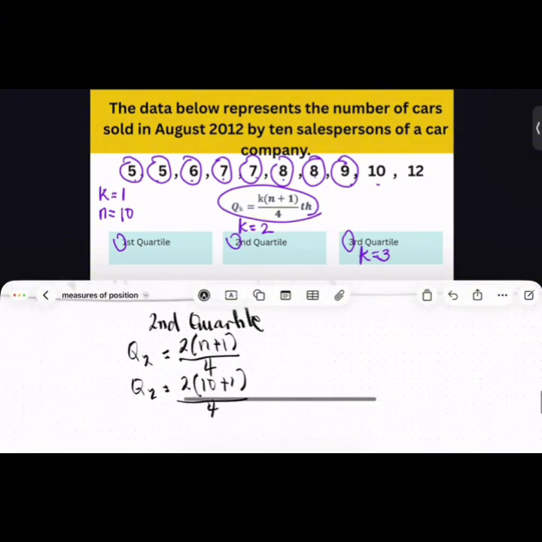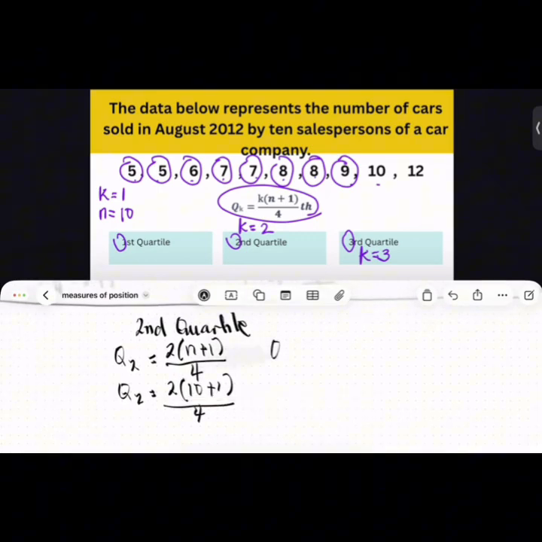Then next would be quartile 2 is equal kay 2 times 11 over 4. The next step is multiplication. So we have quartile 2 is equal kay 22 over 4, and 22 over 4 or 22 divided by 4, it is equal kay 5.5.